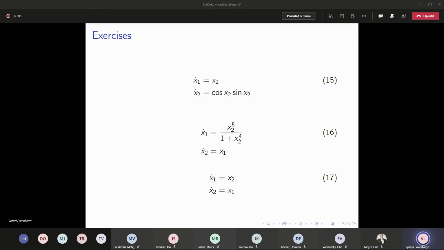Okay, now we have some time, and each student can calculate this example.